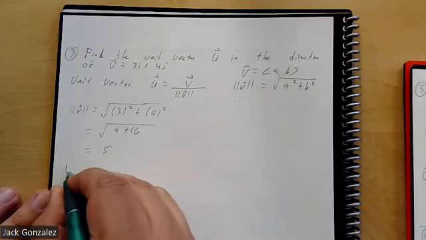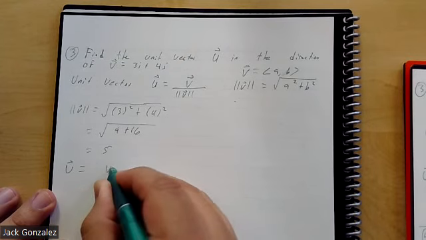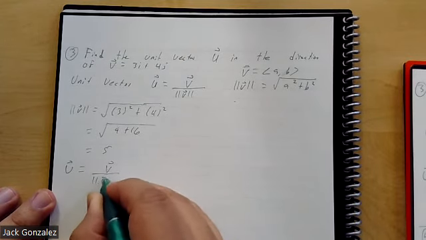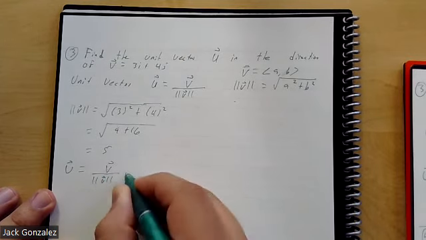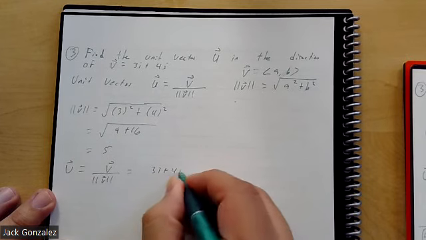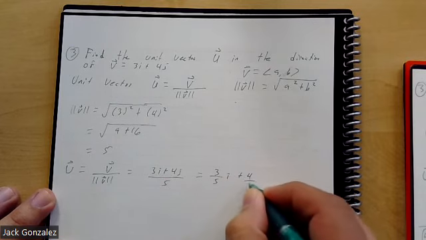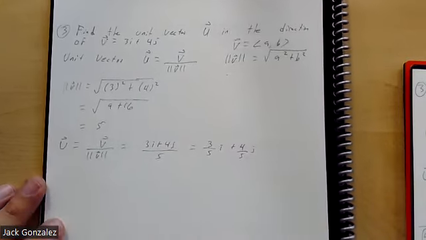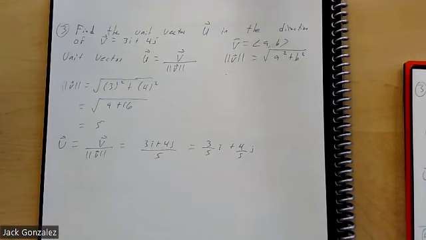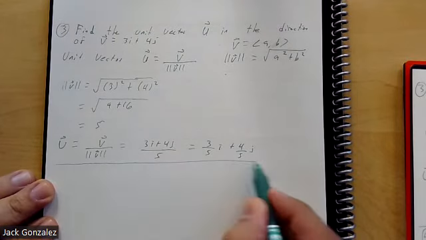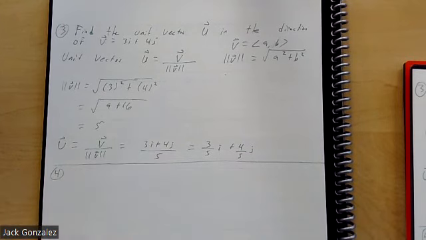So the unit vector will be v divided by its magnitude, which is 3i plus 4j divided by 5. Okay. Not too bad, right? Just find the magnitude, divide. That's it. Any questions on number 3?